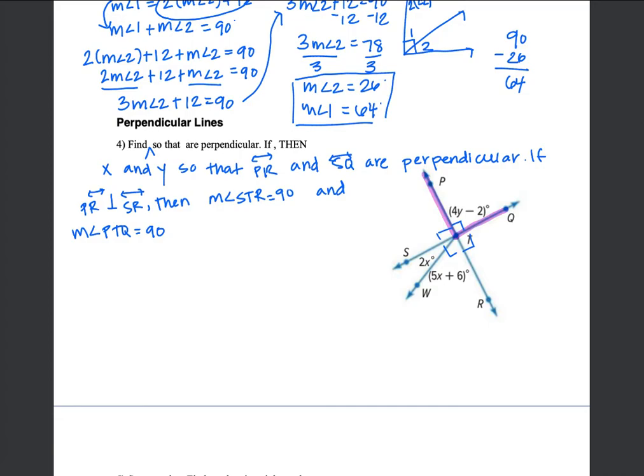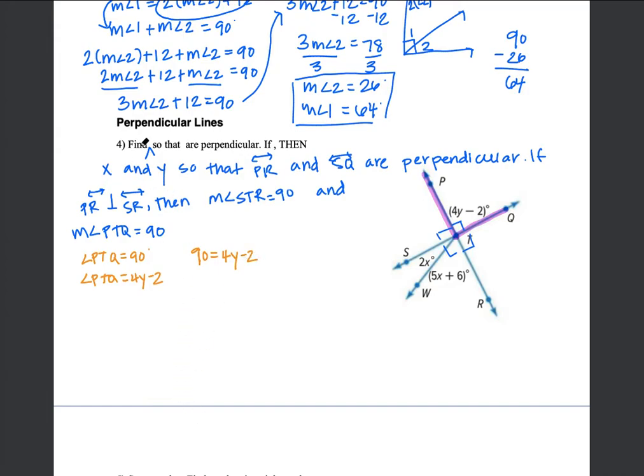Let's use orange. So I know that angle PTQ is equal to 90 degrees. I also know that PTQ is equal to 4y minus 2. If I want to solve for y, I just set these two equal to each other. They both equal PTQ, so I can do 90 is equal to 4y minus 2.